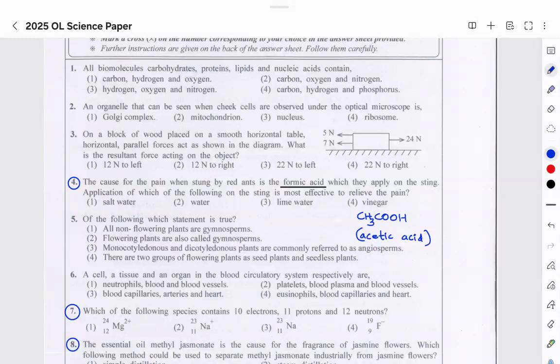And what is this lime water? Do you know the formula of lime water? Yes. Lime water is a base. Exactly. Can anyone tell me what is the formula of lime water?